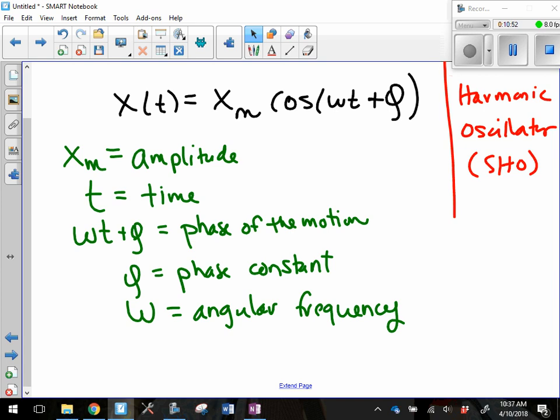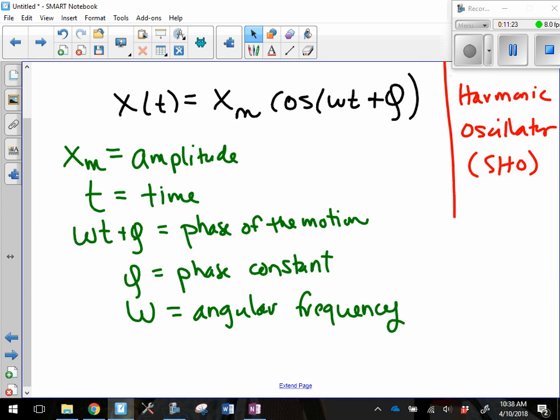So what's phi going to be in that case? The whole thing would have to be equal to pi. This is already 0. So yeah, your phi would be pi. So what the phase constant does is it shifts the cosine curve to accommodate the circumstances where you let t be equal to 0.